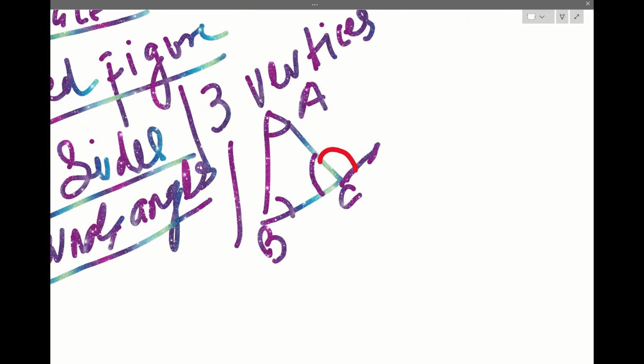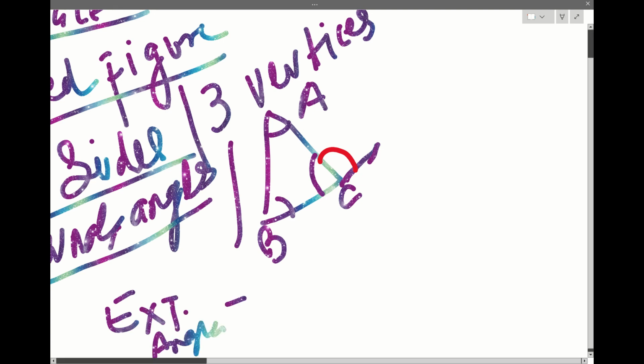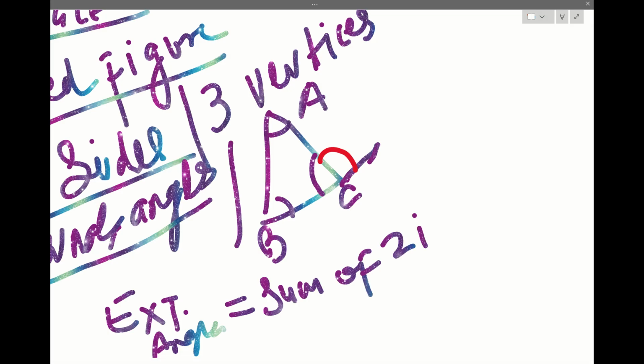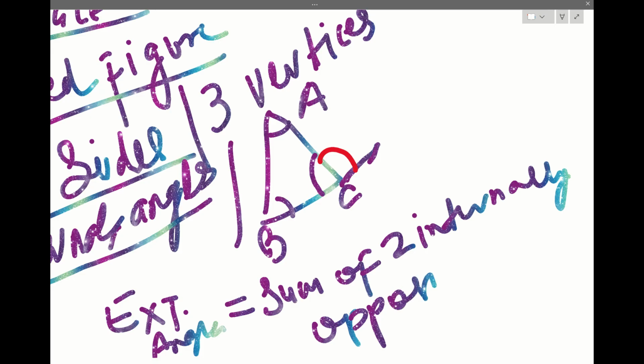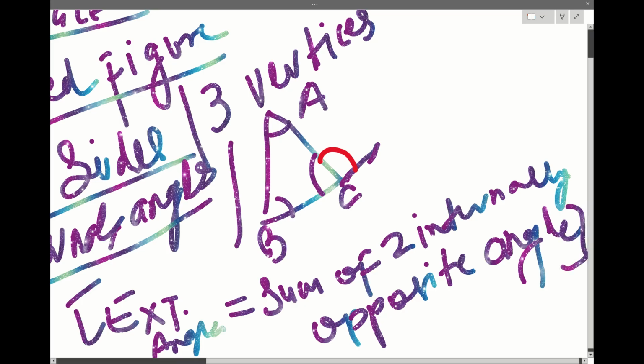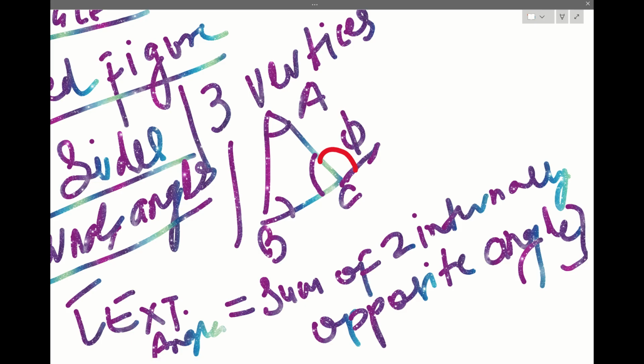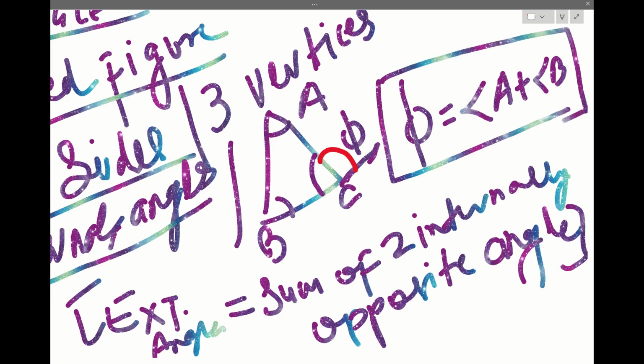So basically, the external angle equals the sum of two internal opposite angles. Suppose this is phi, then phi equals angle A plus angle B. Put this in a box.